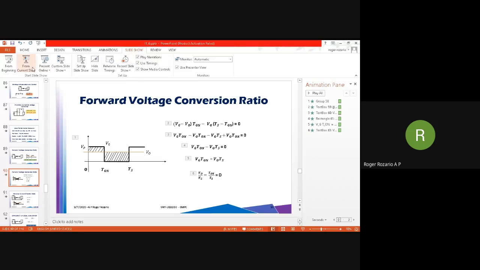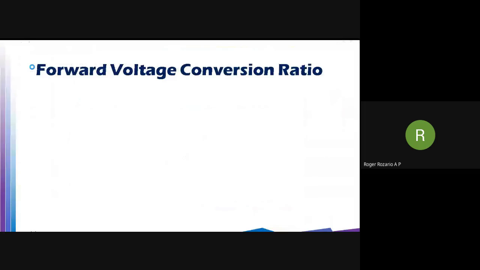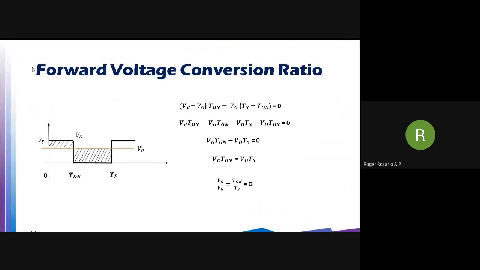And during the off time, the voltage across the inductor was 0 minus V0. That is why I have written a minus V0 here. So Vg minus V0 is the voltage across the inductor during the on time. 0 minus V0, which is minus V0, is the voltage across the inductor during the off time.